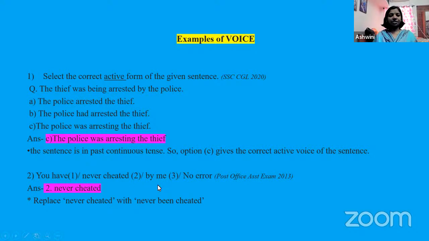Now, you have never cheated by me. Here replace never cheated with never been cheated. You have never been cheated. This could be the answer. This could be the error, as we can find in the second part of the sentence. So never cheated is the answer, which includes an error.